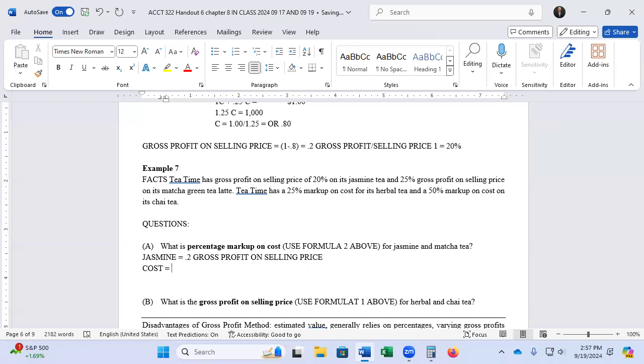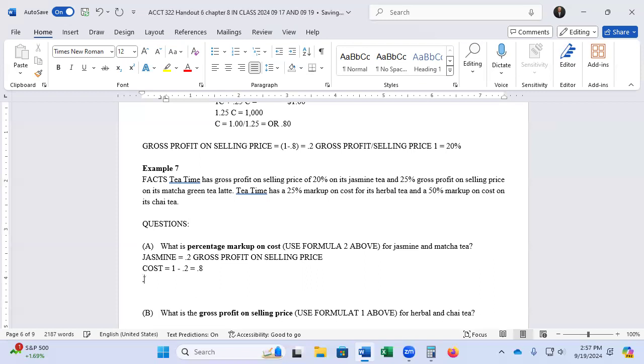So we have 1 minus 0.2, and that equals 0.8. And so jasmine is going to be equal to 0.2 divided by 0.8, and that equals 25%.